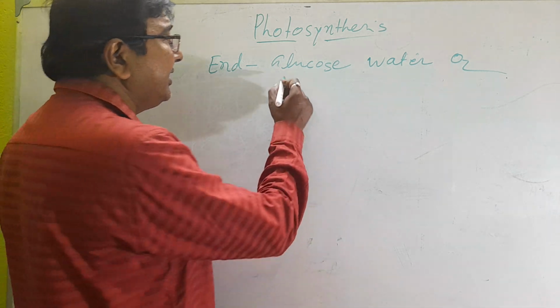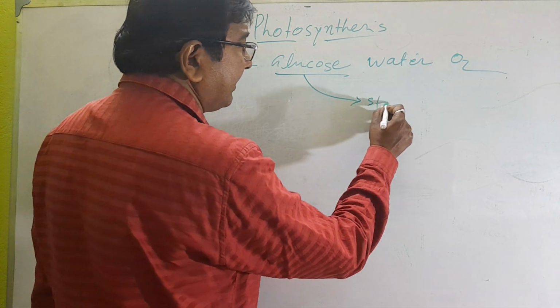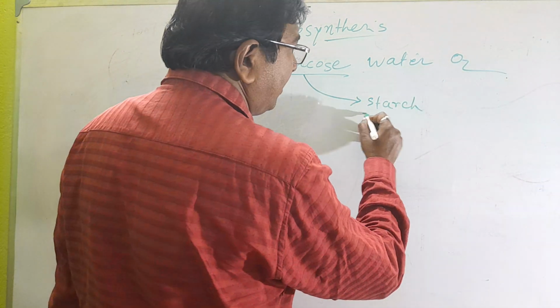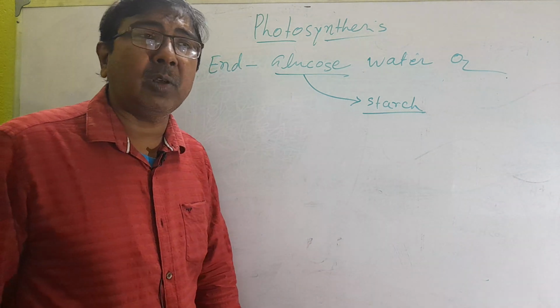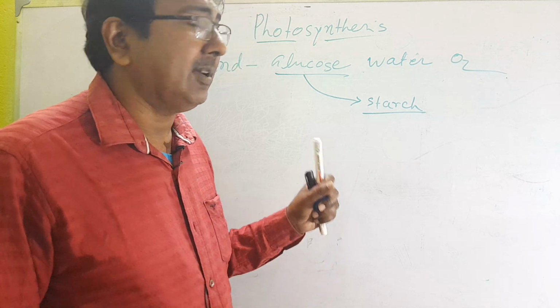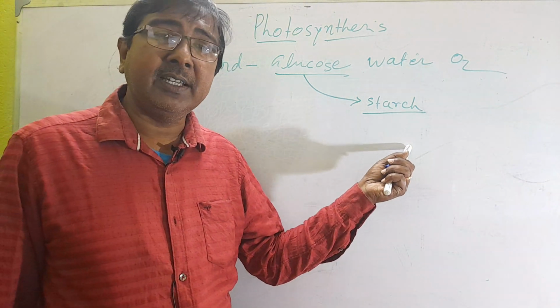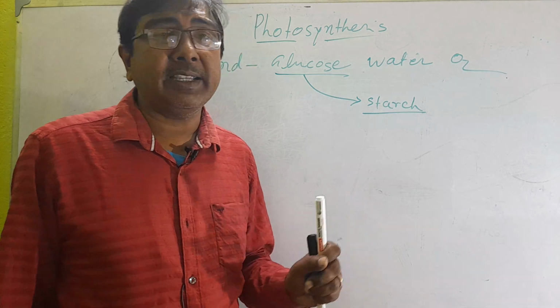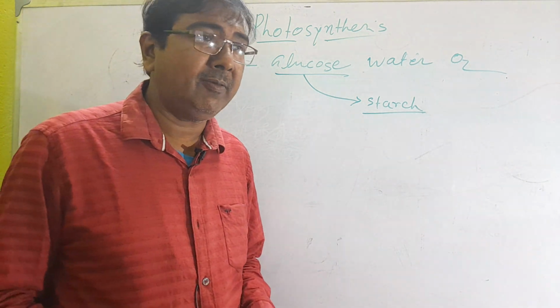This glucose converts into starch and is stored in different parts of the plant. This process is called polymerization. This is also an important point. What is polymerization? The process by which glucose converts into starch is called polymerization.